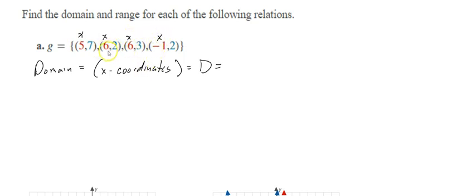We do not need to write something twice. So the domain for this one would be 5, 6, and -1.